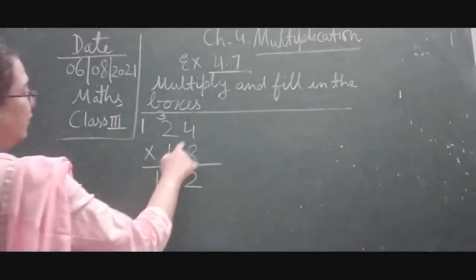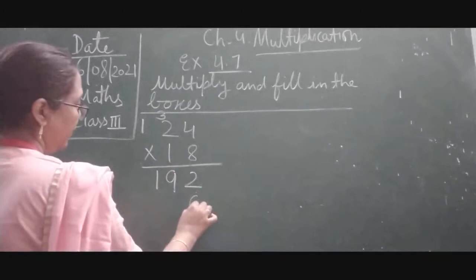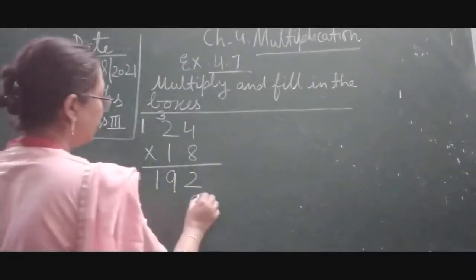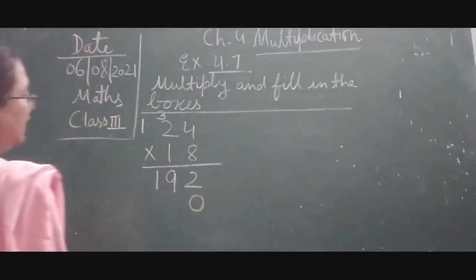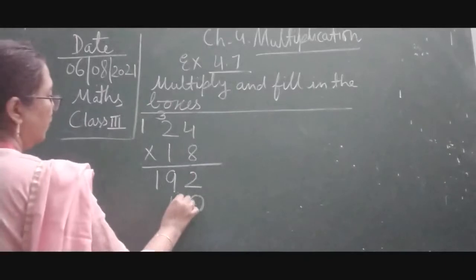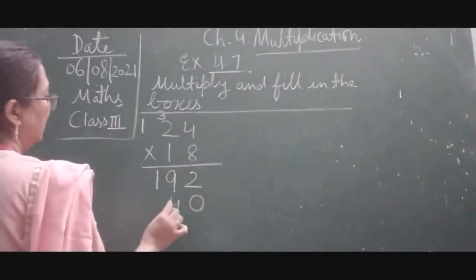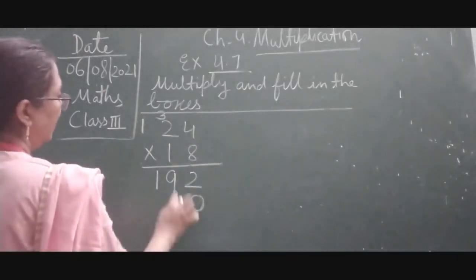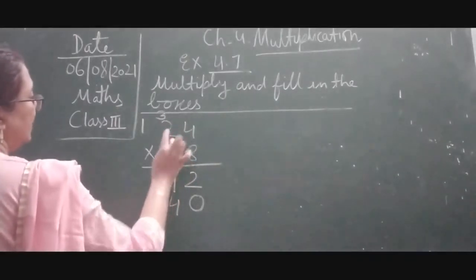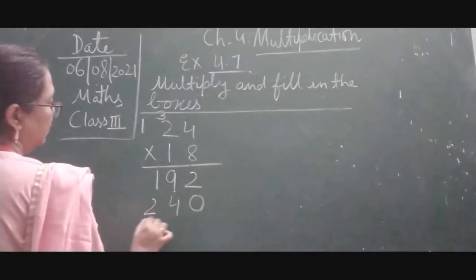Now here 1 fours are 4. Now because this is 10, that is why we will place a 0 over here, as we have done in our earlier chapter also. 1 fours are 4 and 1 twos are, children, here you can see 1 twos are 2.